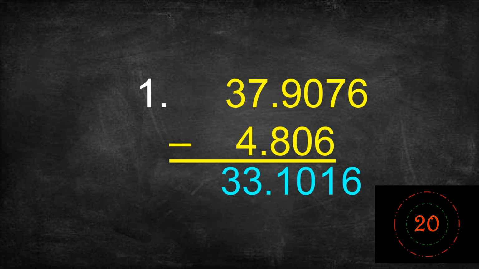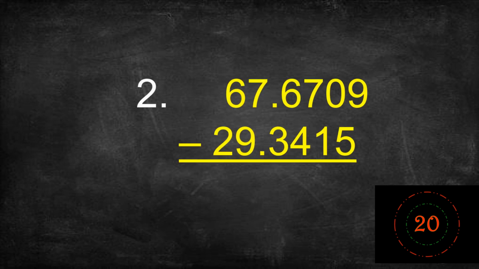Next. Number 2, 67 and 6,709 ten thousandths minus 29 and 3,415 ten thousandths. Timer starts now.